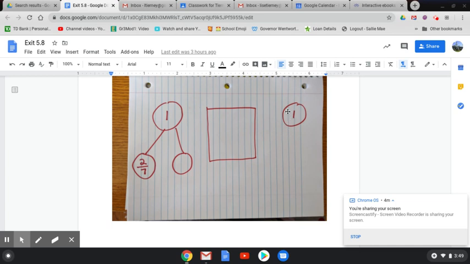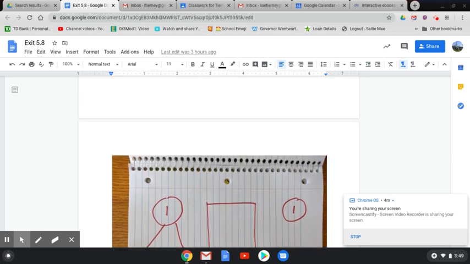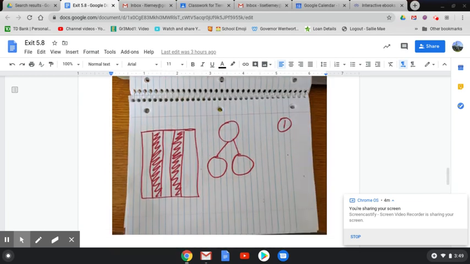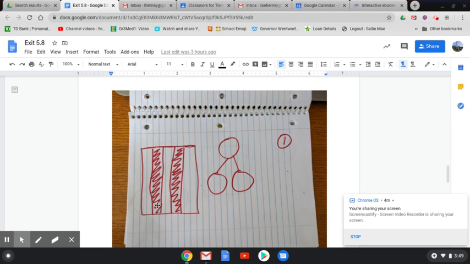And then over here, you're going to draw the number bond that has all the parts. So by looking at this fraction, you can figure out how many parts there are and what fraction each of those parts are.